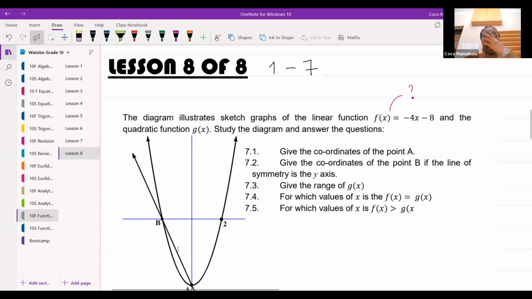It is not a parabola, I will tell you that. I want somebody who can tell me why it's not a parabola, because it's not.